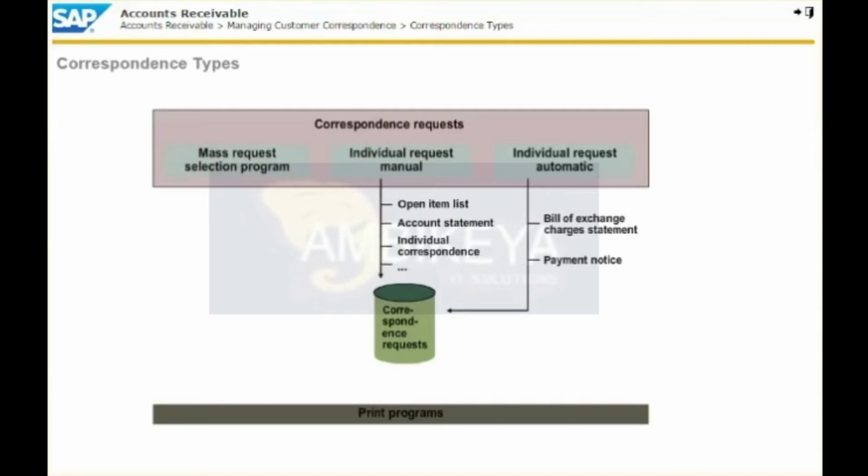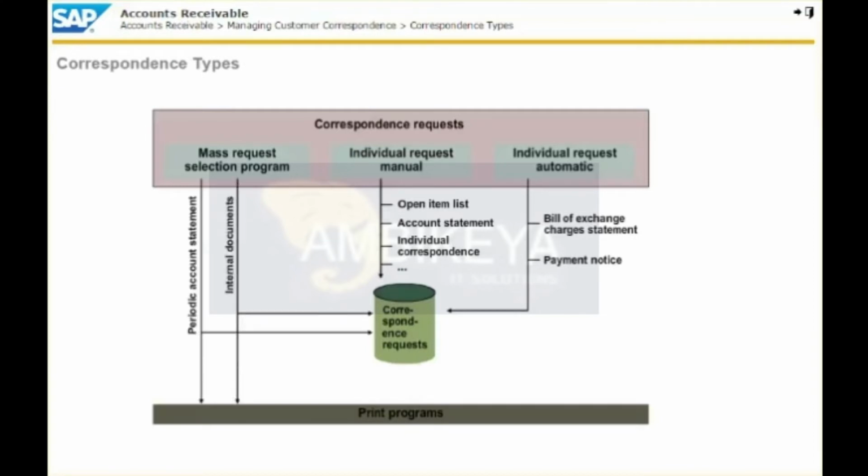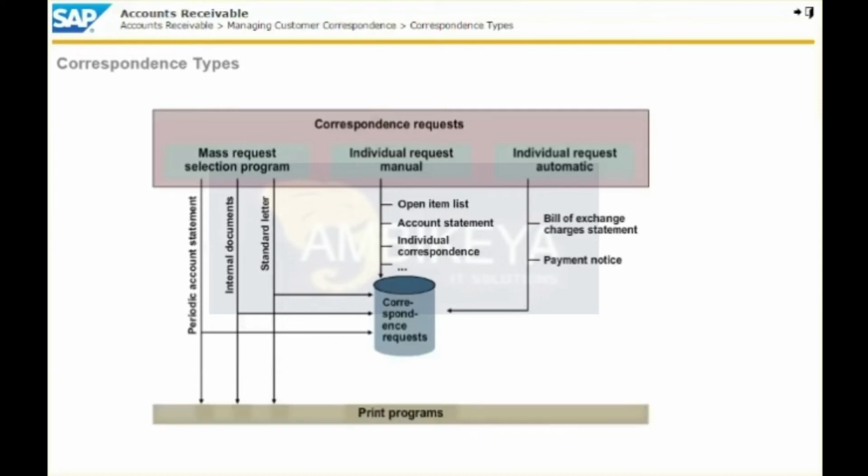Using a request program, you can create a high volume of correspondence requests simultaneously, such as periodic account statements, internal documents, and standard letters. Requested correspondence is stored in a correspondence request table and can be printed via a trigger program.